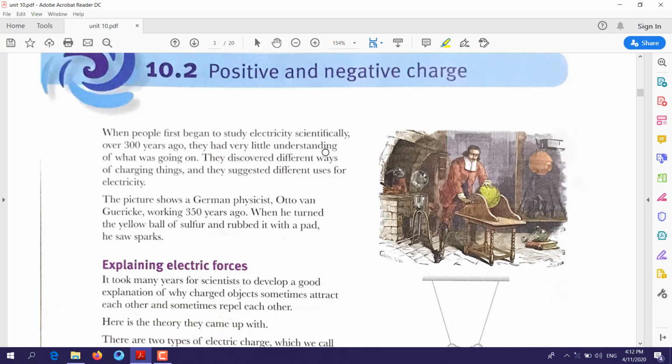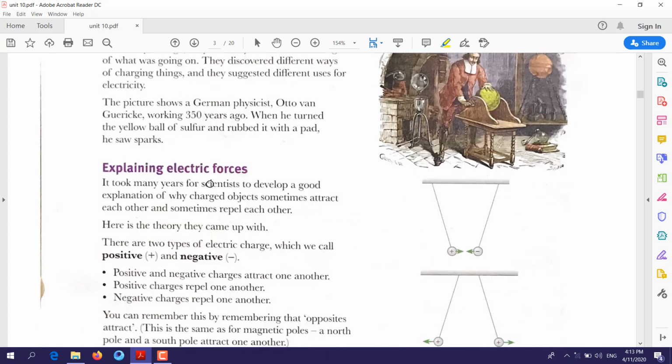People 300 years ago didn't know that much about electricity. Then by doing experiments and tests, they started gaining knowledge and a better understanding about electricity. So, explaining electric forces.